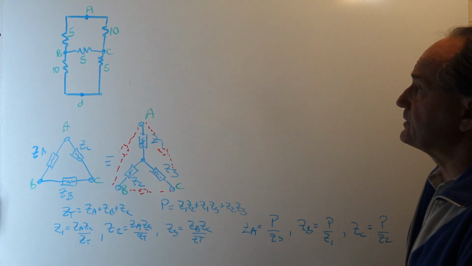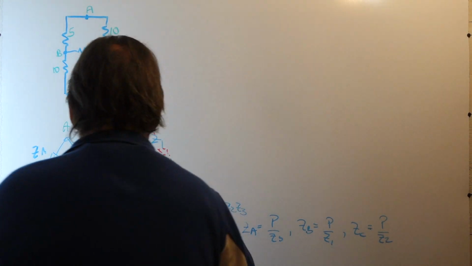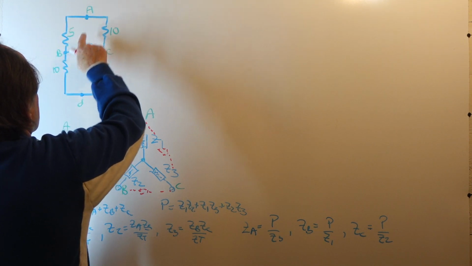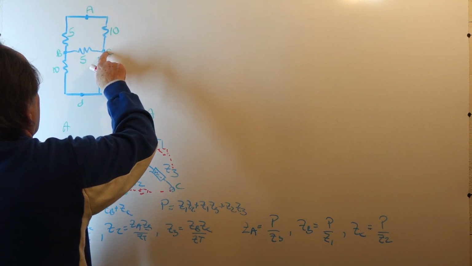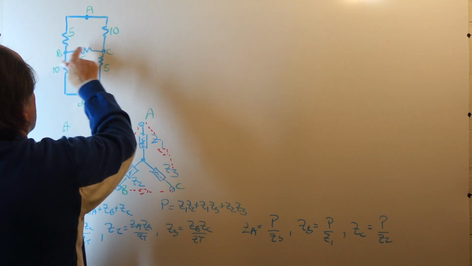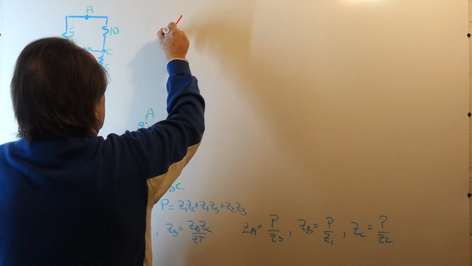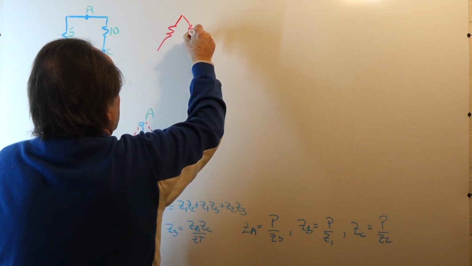Now, we'll use that. We recognize that this connection here between A, B, and C is a delta connection. I can write it in this fashion; I'll just redraw it.